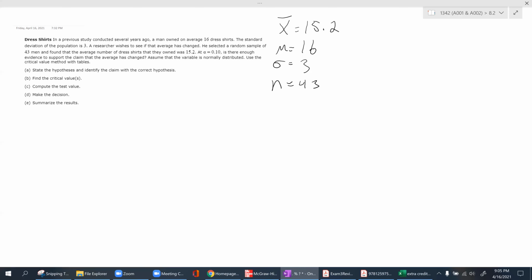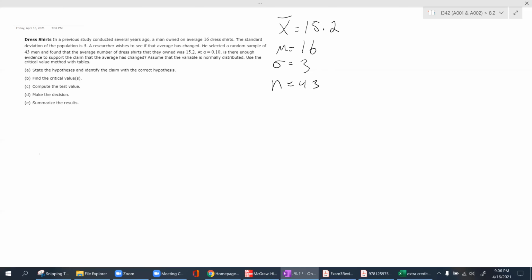Since we're talking about dress shirts, the amount of dress shirts being owned, it all comes back to the mu value of the question. It doesn't say greater than or less than; I want to know, is it 16 or is it not 16?